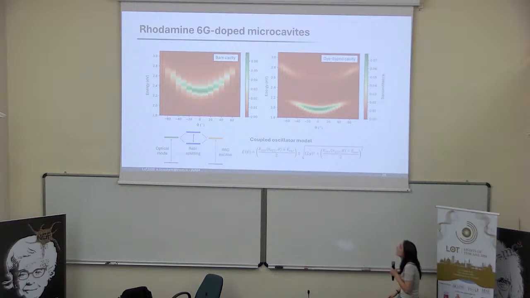Inside our cavity. So you look here on the left the bare cavity. When the dye, at proper dye concentration, which I'll show you after, is embedded inside our polymeric film, we see the opening of beautiful polariton branches. Here there is a scheme, it's very simple.